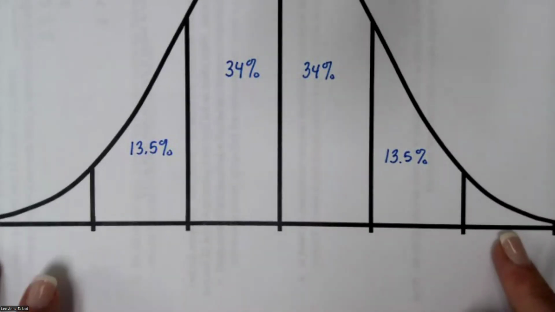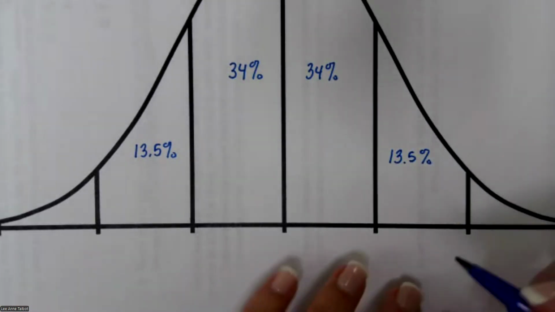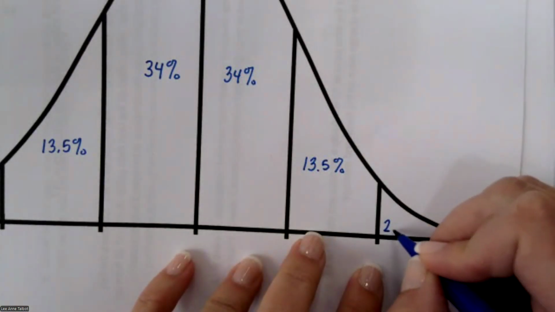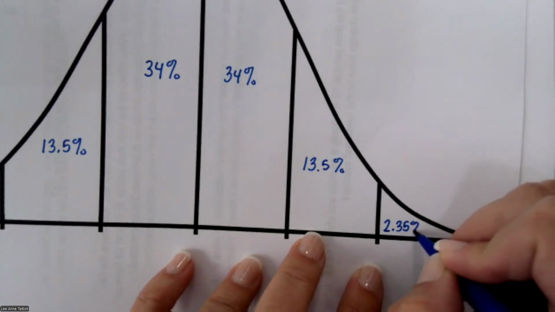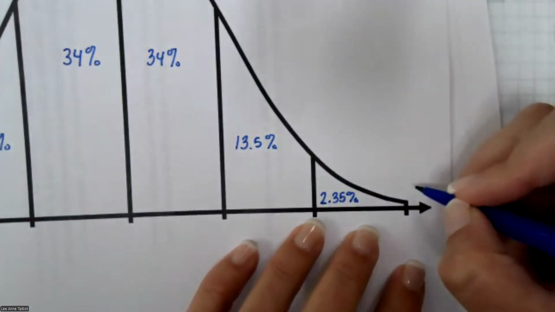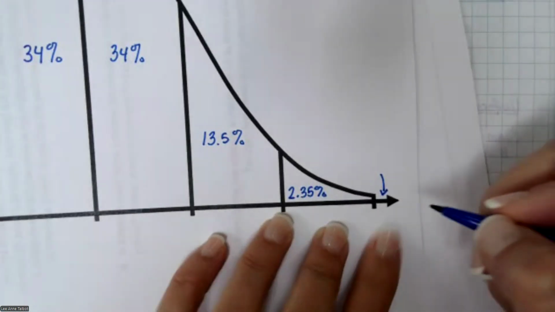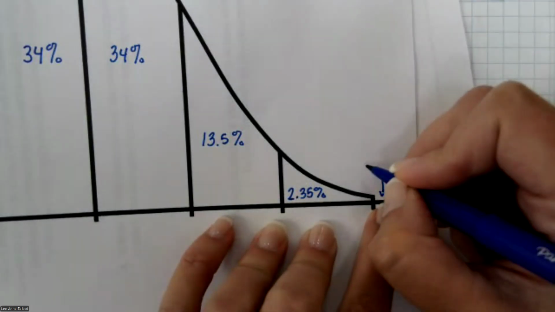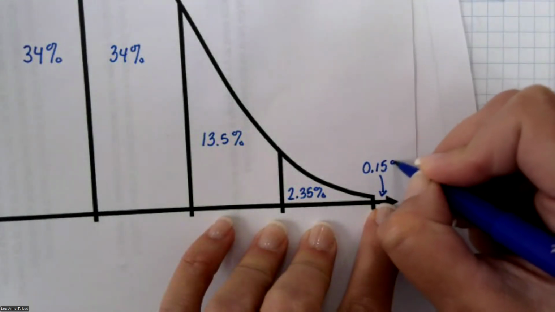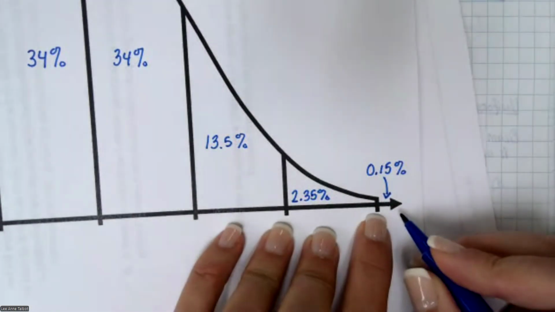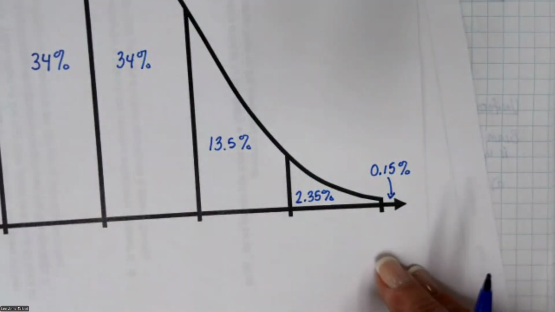And then it goes out 99.7 to here. So these guys are 2.35%. And then out here, where they don't even acknowledge anything, is 0.15% of your data, which is going to be like an extremely unusual number.